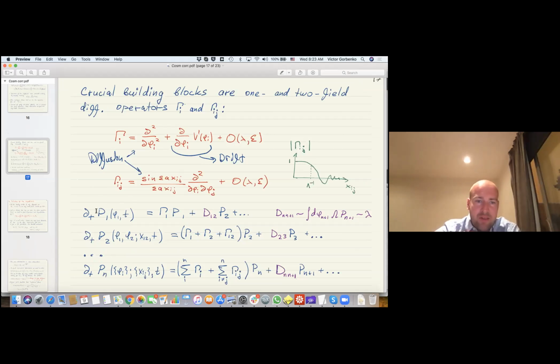So you define these objects that are denoted by P here, and we have a rigorous definition of what this object is. These objects P satisfy some linear differential equations that are written here. So there is some time evolution equated to some partial derivatives with respect to field values.